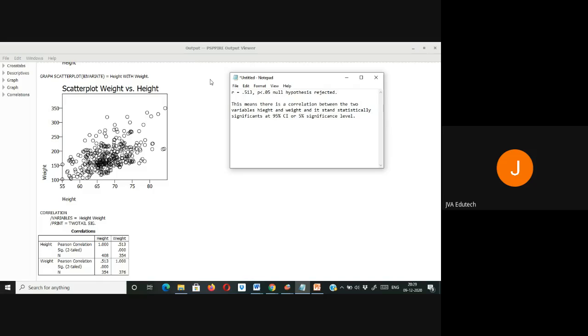Now we have said that there is a correlation between height and weight. It is statistically significant also, but how much correlation is there? So correlation is equal to 0.513 or 51.3%, which is a moderate correlation.